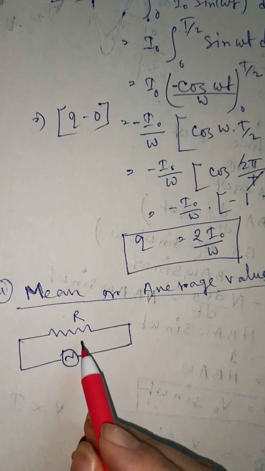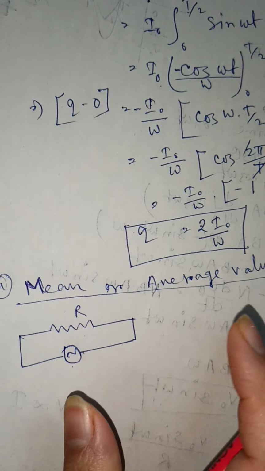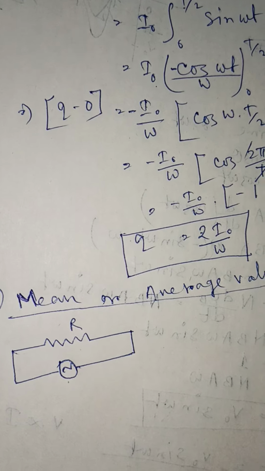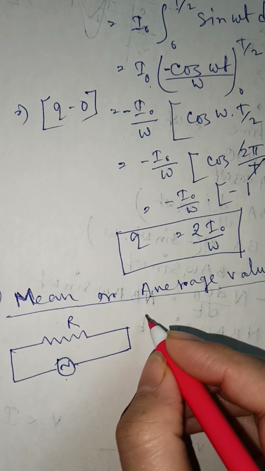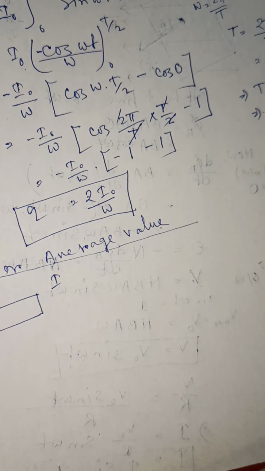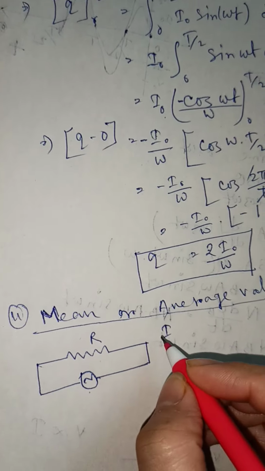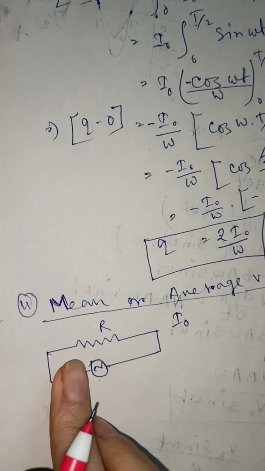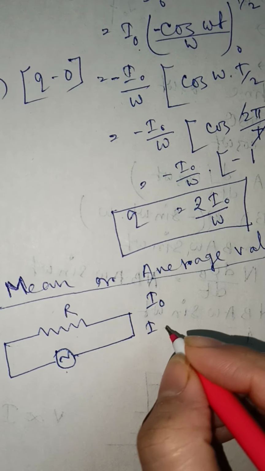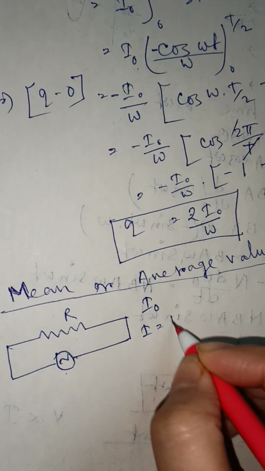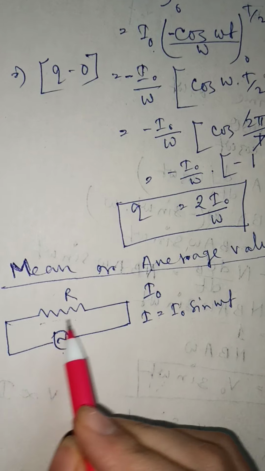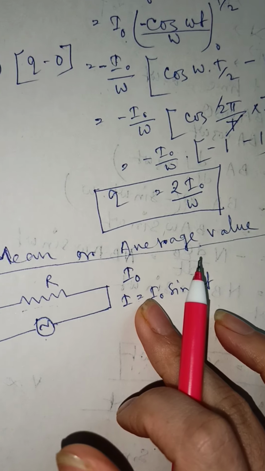If we connect this resistance with the AC circuit, then the maximum current passing through it is I max, that is I naught, because for this AC circuit the equation of current is I equals I naught sine omega t. That means the maximum current passing through this resistance is I naught.